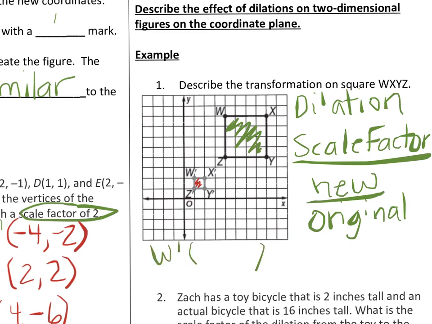W prime, that coordinate is 1, 2. And then I need to pick also the original W. The original W is 4, 8.